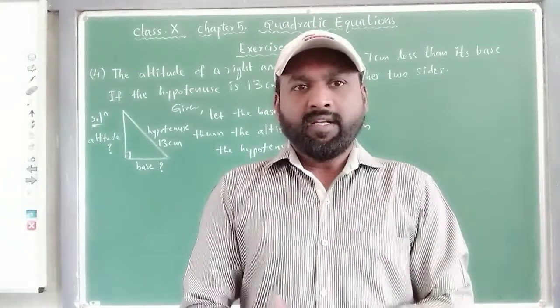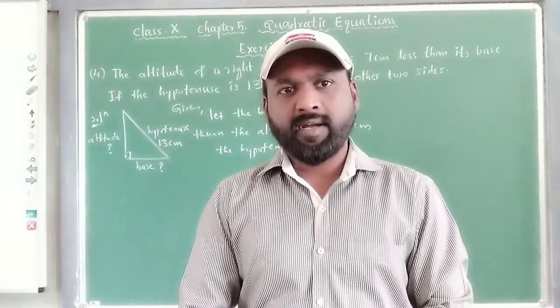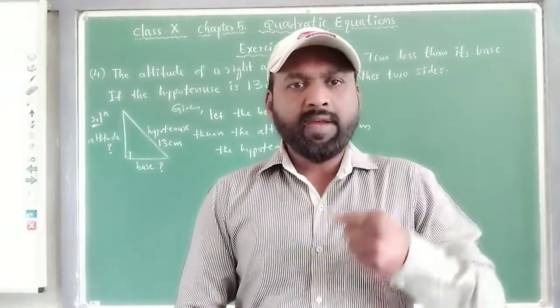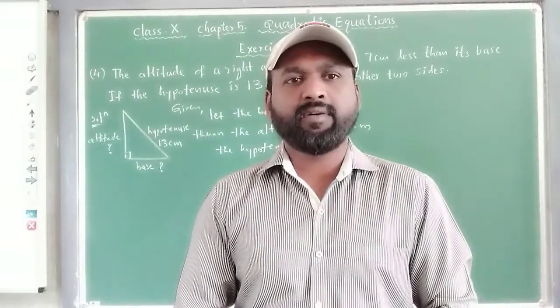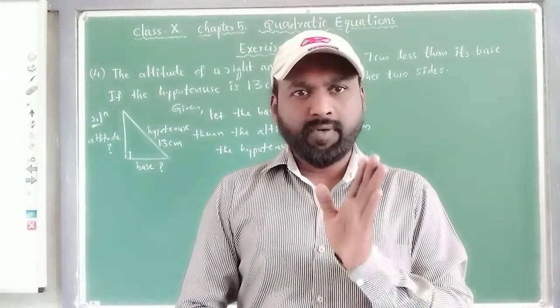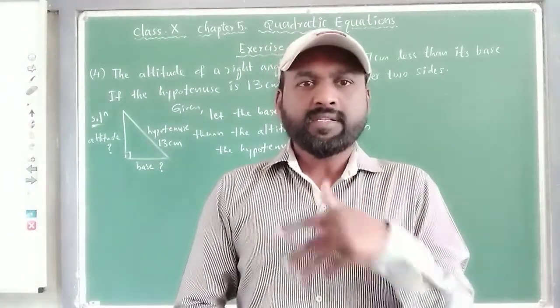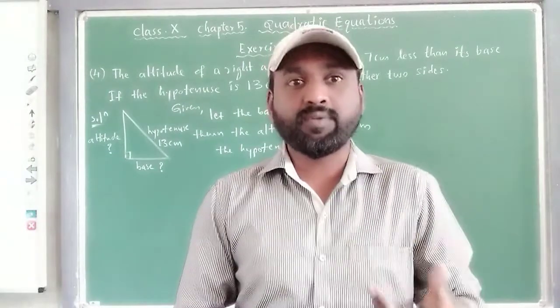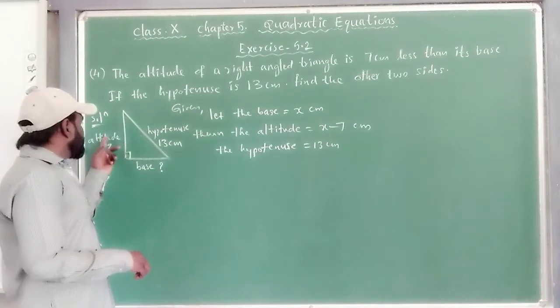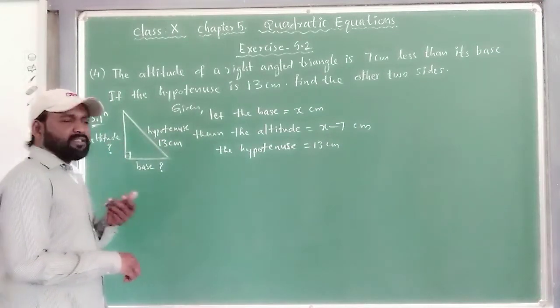So what is the statement of the Pythagoras theorem? In a right angle triangle, hypotenuse square is equal to the sum of the squares of the other two sides. In this we have the hypotenuse, and the other two sides are the base and the altitude.